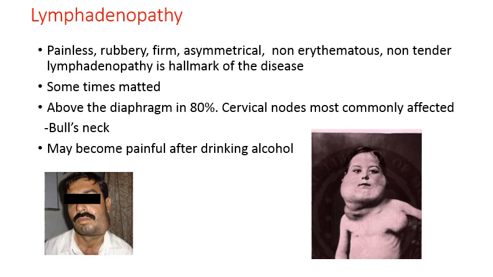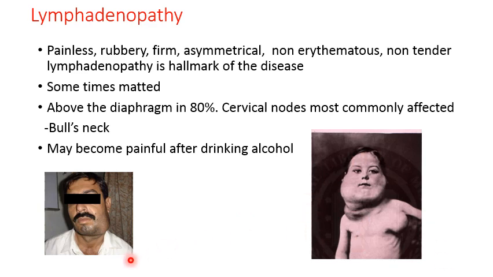If that appearance is there, it can be considered a hallmark of Hodgkin's disease. Sometimes they could be matted. It is common above the diaphragm in 80% of cases, and the most commonly affected lymph node group is the cervical nodes, giving the classical bull's neck appearance.